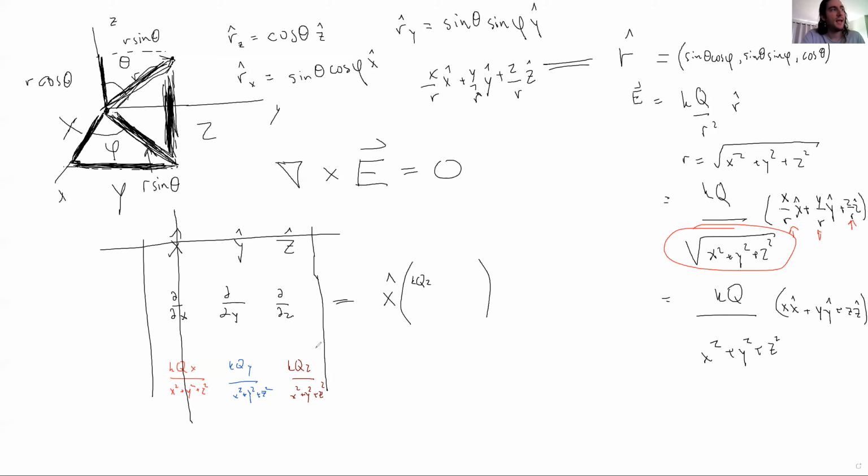So we have to take a derivative of something which is basically 1 over y squared. The derivative of something which is 1 over y squared is going to be 1 over y cubed, right? And then multiply by a minus 2, and also the chain rule as well.